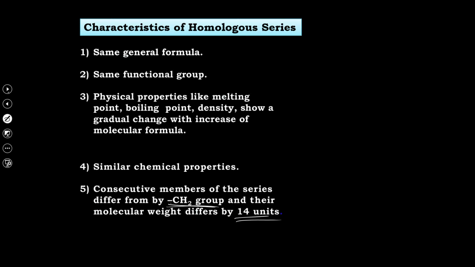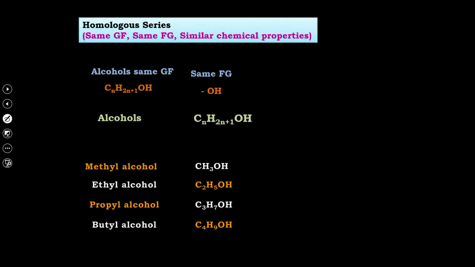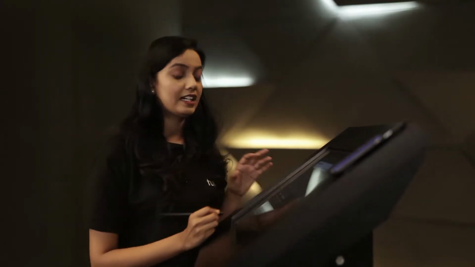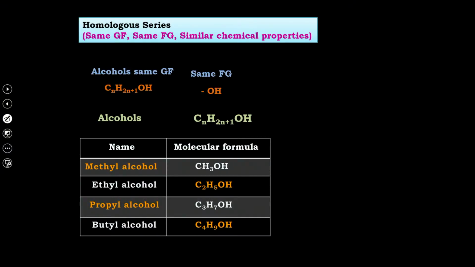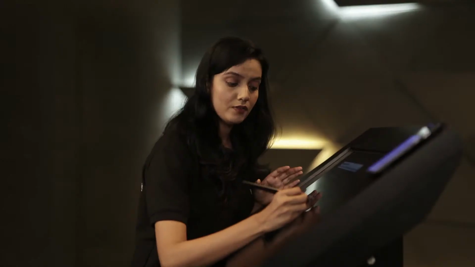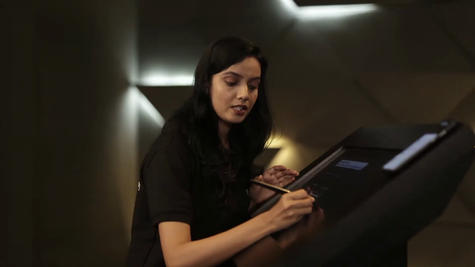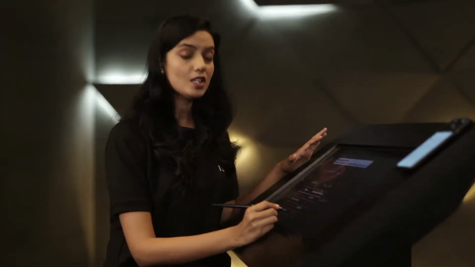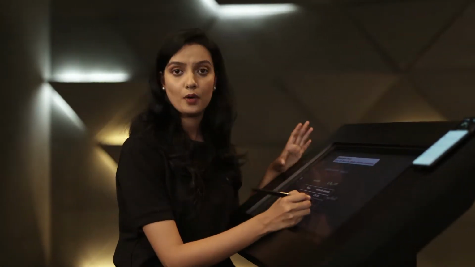So let us take one more example for homologous series, and that is of alcohol. Okay. So we have taken here methyl alcohol, ethyl alcohol, propyl and butyl alcohol. Okay. So in case of methyl alcohol, which is also known as methanol, the formula is CH3OH.